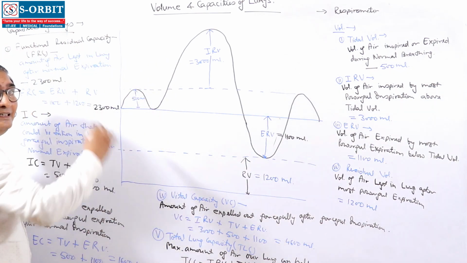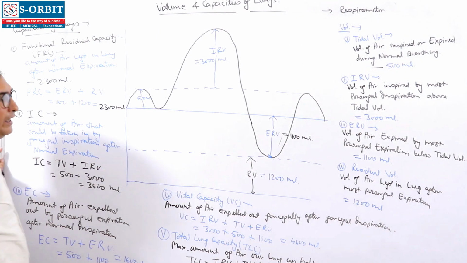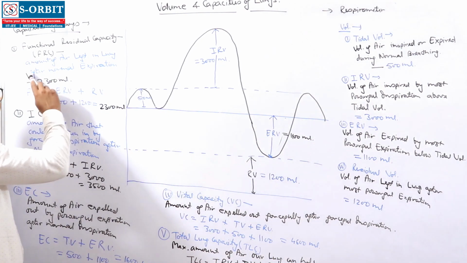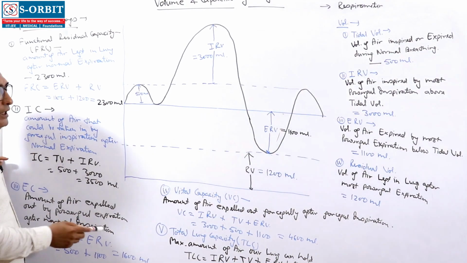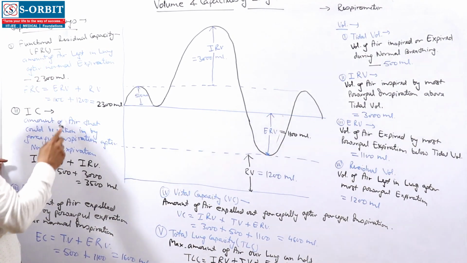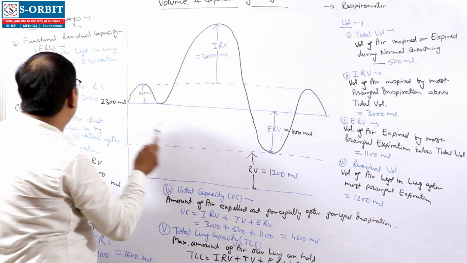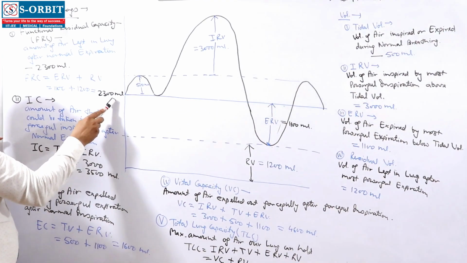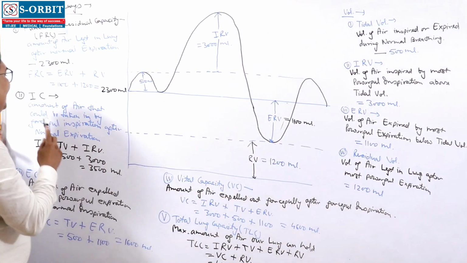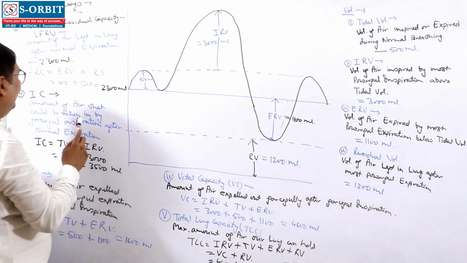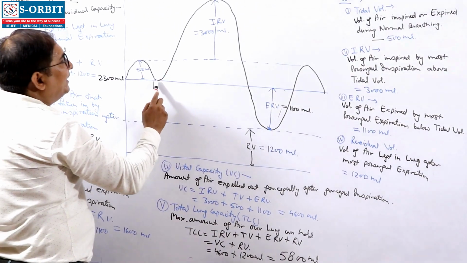Next, the capacities of lung. The first one is functional residual capacity. Functional residual capacity is the amount of air left in lung after normal expiration. So the functional residual capacity equal to expiratory reserve volume plus residual volume, which comes out to be about 2300 ml. Next is inspiratory capacity, and the inspiratory capacity is the amount of air that could be taken in by most powerful inspiration after normal expiration.